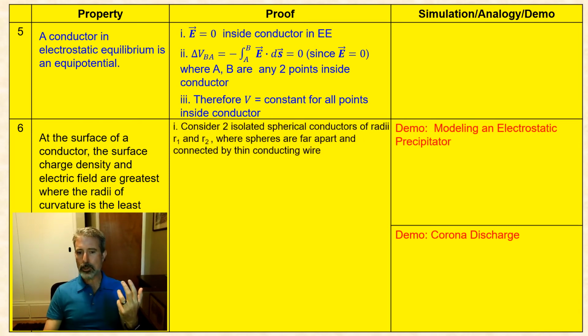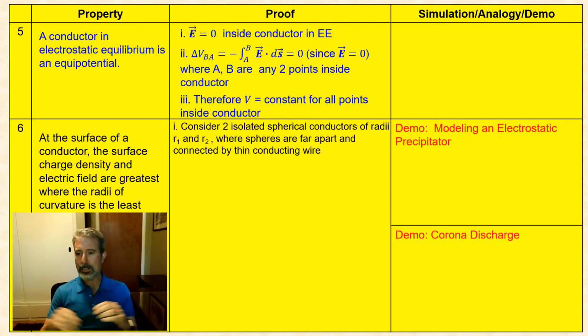We're going to consider 2 isolated spherical conductors, and they must be isolated so we can treat them as separate objects with distinct radii of curvature. We could look at a single, irregularly shaped conductor where the radius of curvature for the single object varies, and that applies too, but let's just make this easier.